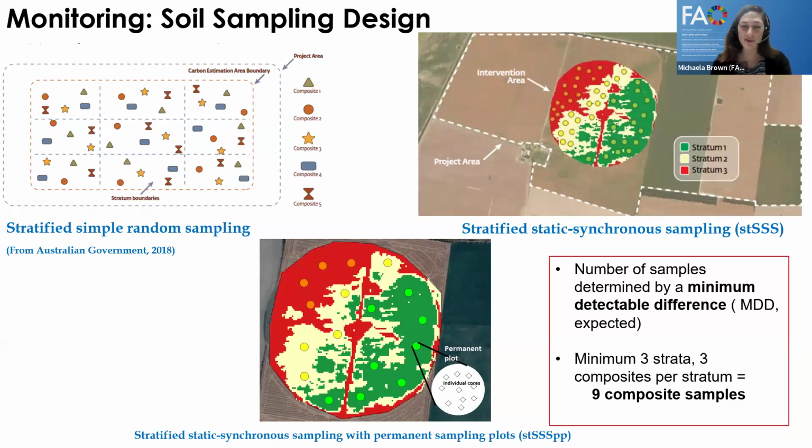So we have two paths there, either the simple random design that you see in the top left, and that would be a dynamic sampling strategy in which we would not take soil samples from the exact same location every time.